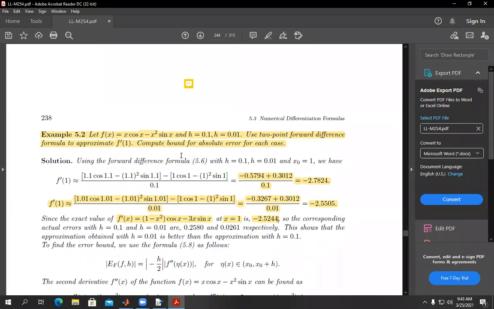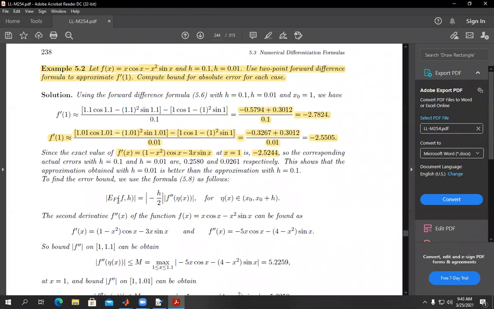Then he said to compute the error bound. This is the error formula, and this is in the error bound sense, because we take the absolute value. We know h here, and we need the second derivative of the function and its maximum value, the second derivative at eta x.